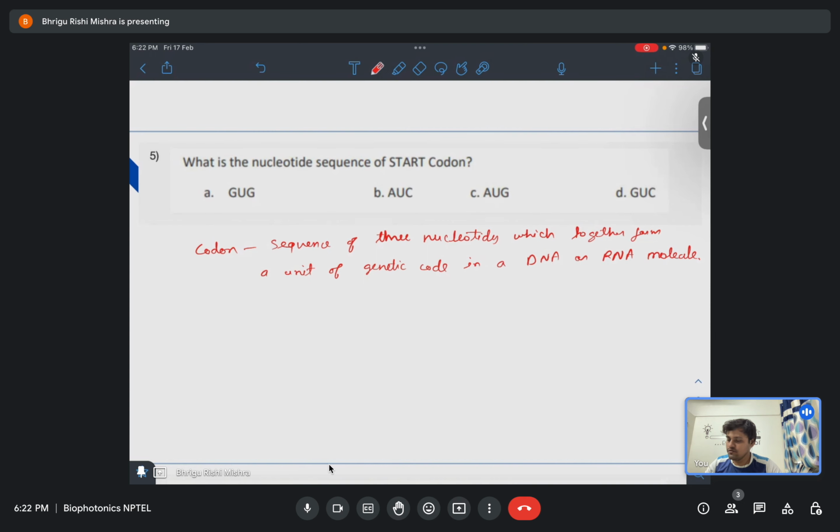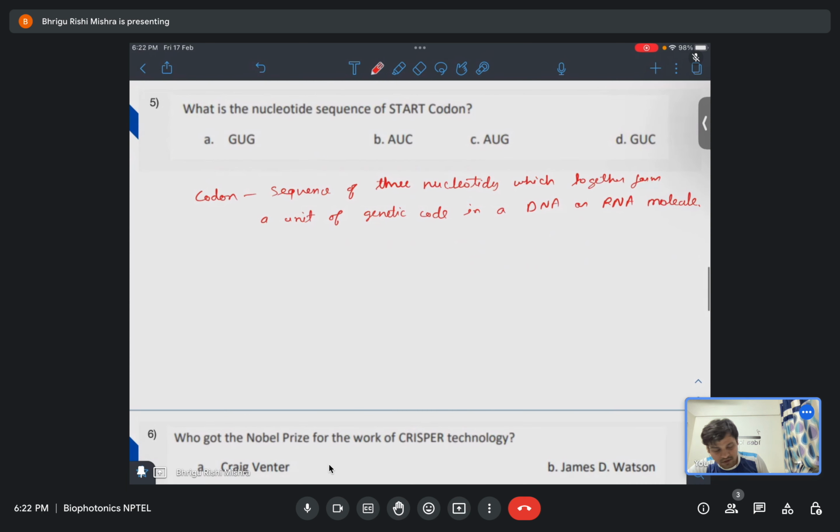In the case of the start codon, the start codon is the first codon of a messenger RNA transcript translated by a ribosome. In RNA the start codon is AUG. So the correct option is AUG.